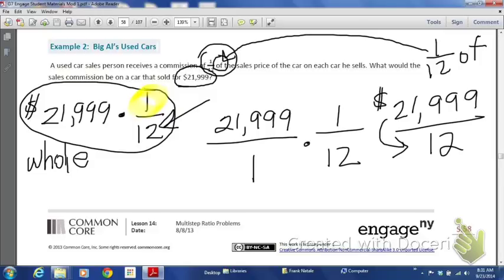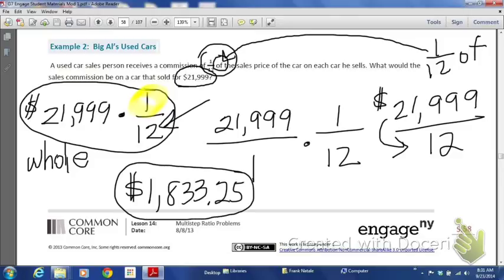Anyway, if we do that, we would get an answer of $1,833.25. Okay? There we go. Now this is the amount of money that this used car salesperson would receive for selling that vehicle.